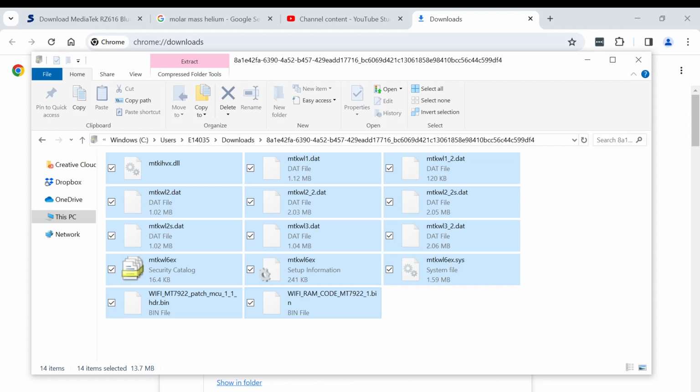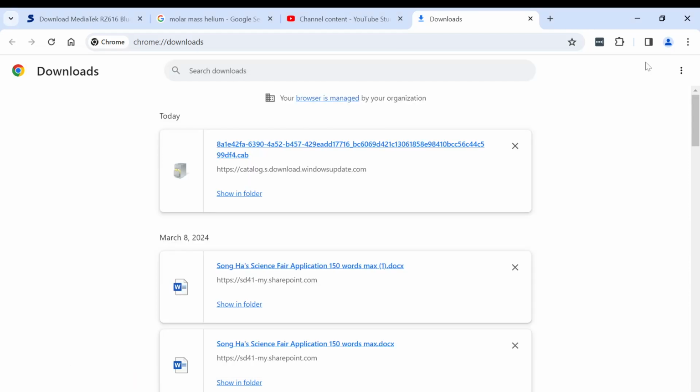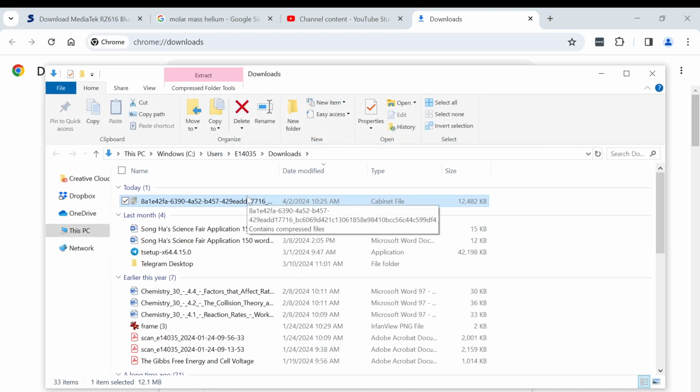Hi, everyone. So I've downloaded the file and it says to extract it. I'm reading in the instructions from somewhere, but I don't know how to extract it. If I show in folder, here it is. It's a cabinet file.